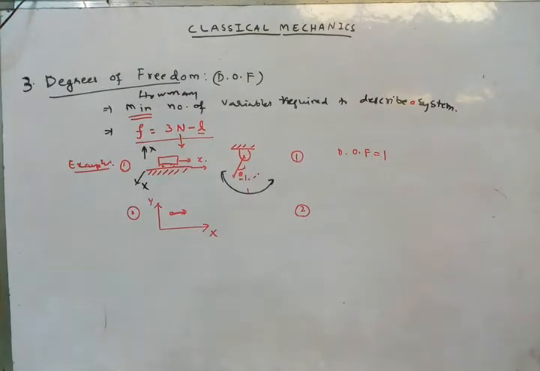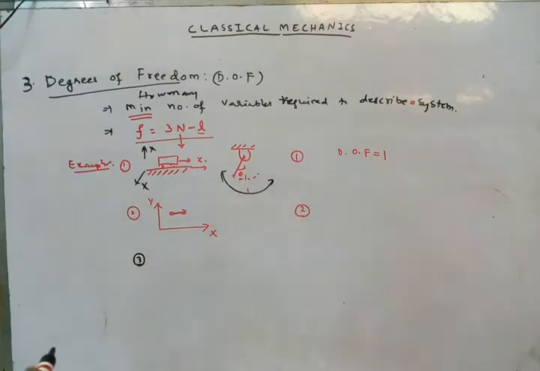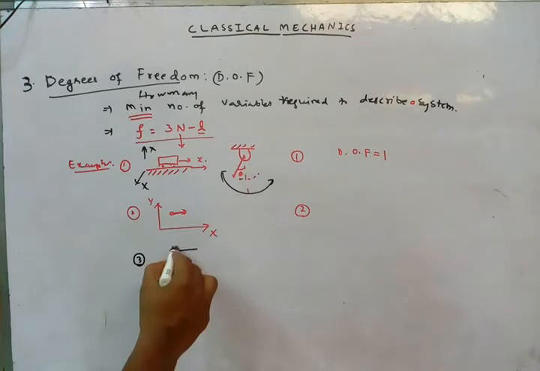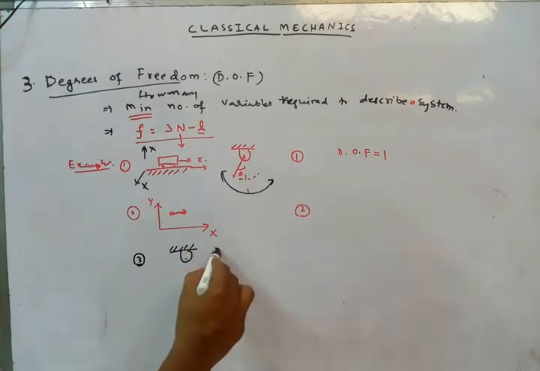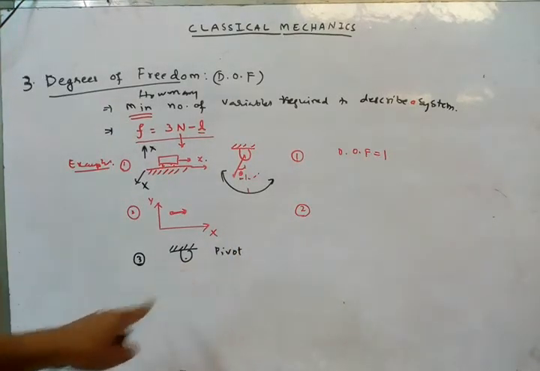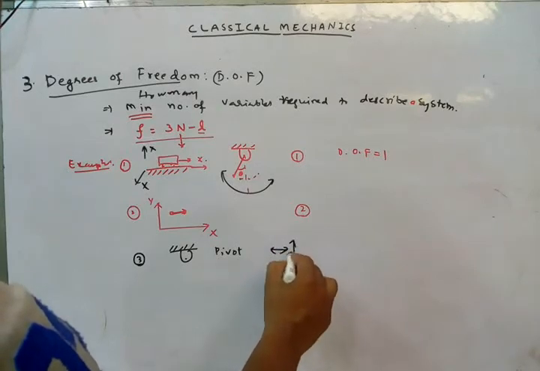For example, if you take one more, see here, this is a pivot. It can move like this, but it cannot move like this, and it cannot move like this.